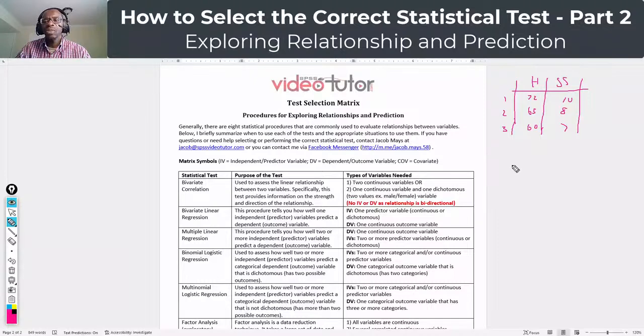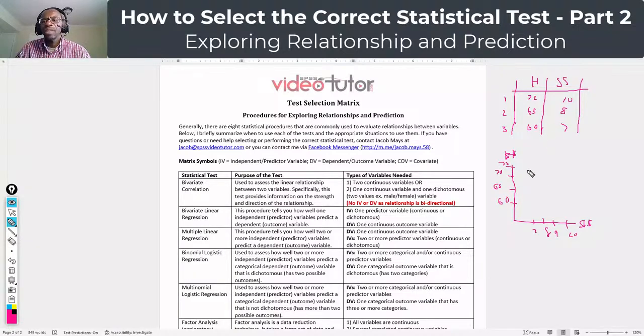Essentially you would look at the relationship between these variables, and you would plot them. So we're going to call this axis shoe size, with 7, 8, 9, and 10, and this one height, with 60, 65, 70, 75.